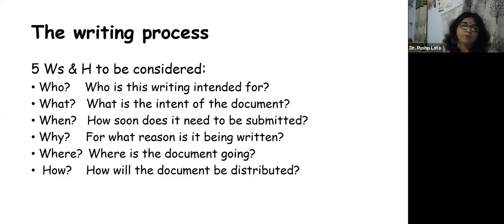When you publish in an American journal, or an Australian journal, or a UK journal, or a journal from Germany, or maybe Japan, you will find some slight differences. So first go through the papers which have already been published and see who this writing is intended for, because that is going to decide your language and style.